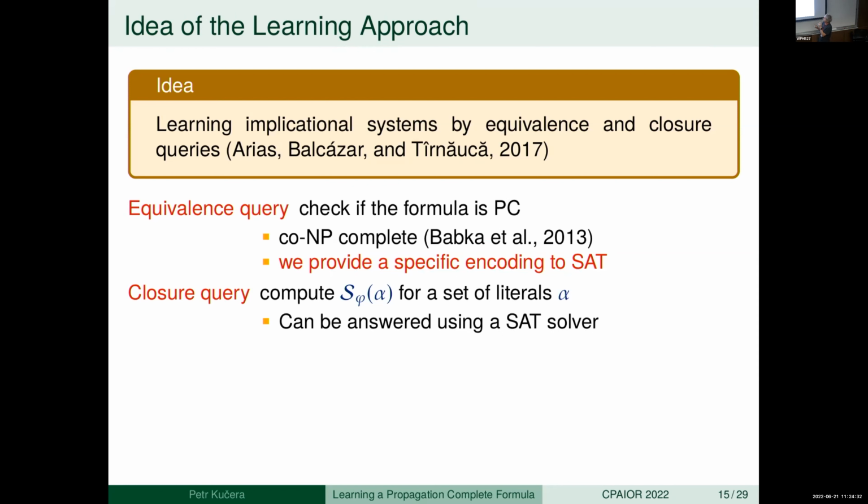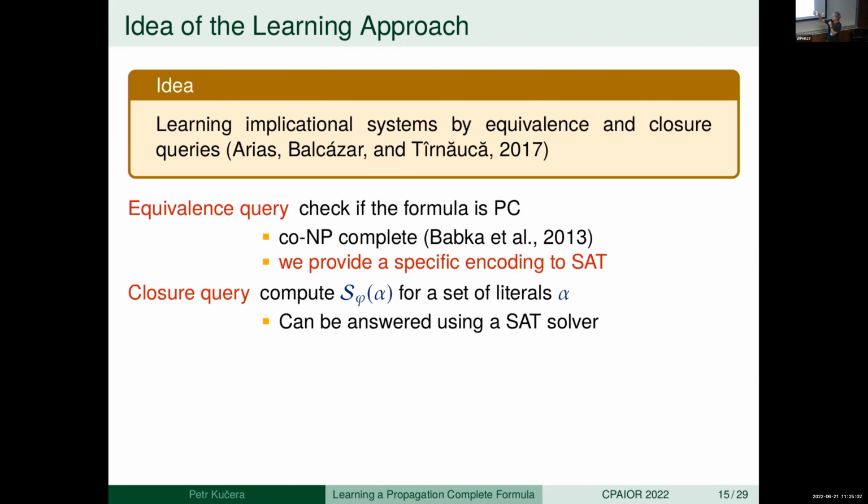For an equivalence query, what it means is that we want to check if the implicational system we already considered, which is associated with a conjunctive normal form, is already equivalent to the one we want to learn, the one associated with semantical closure. And that's a co-NP complete problem. That's the same as checking if the formula is propagation complete.